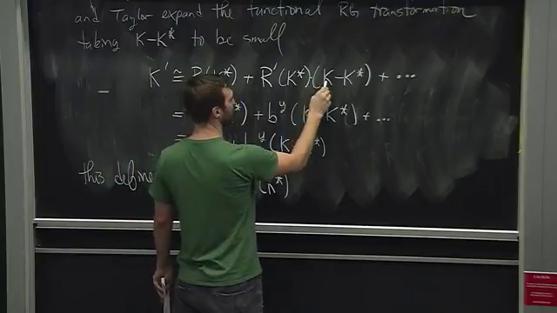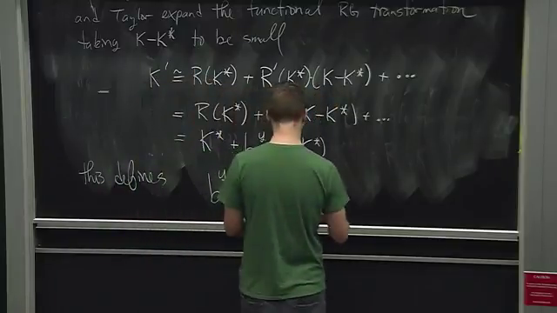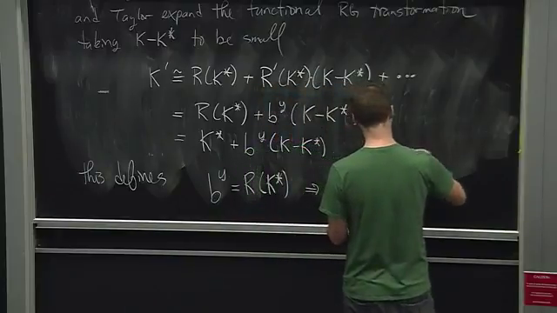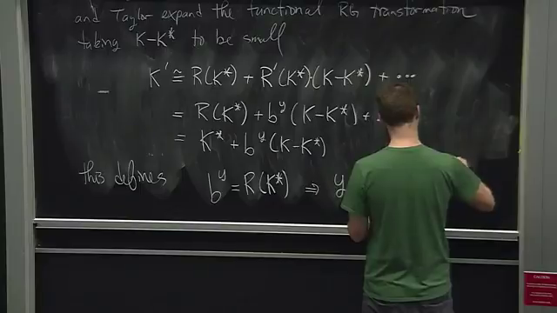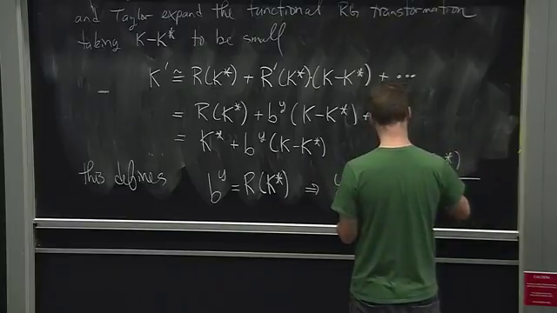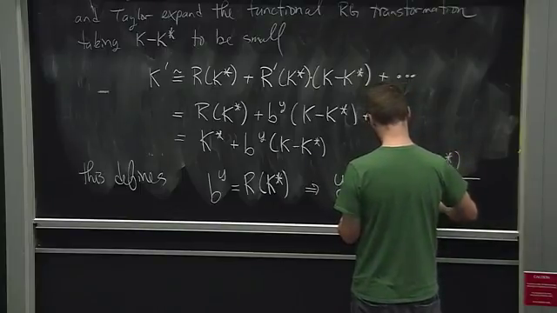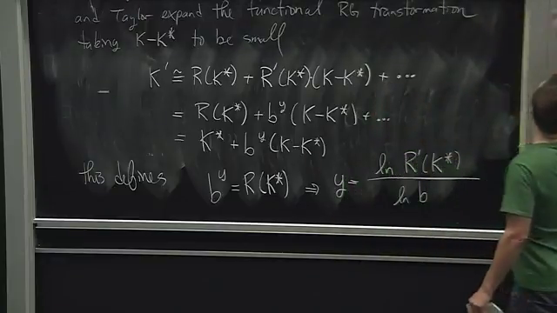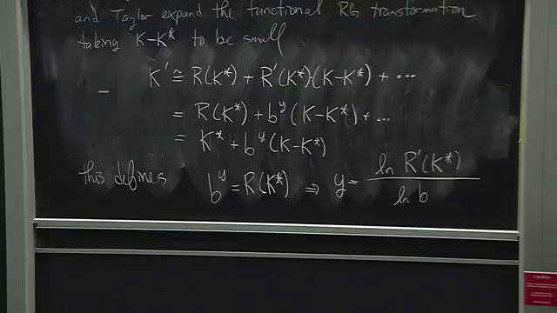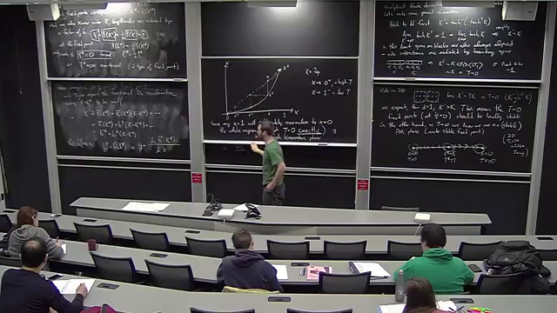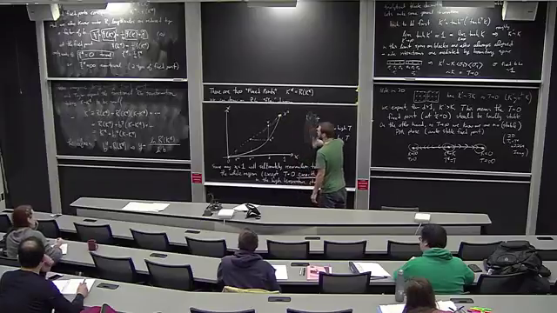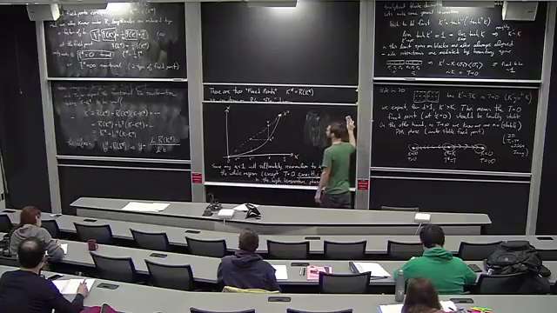And then here I'm multiplying by K minus K star. Okay, so that gives us a definition of y, which is pretty much useless, but at least it tells you what it is.